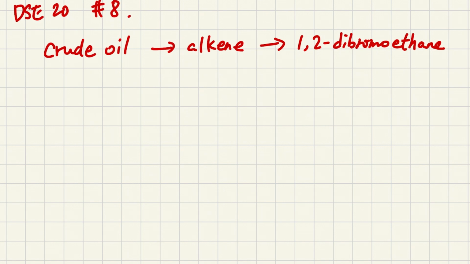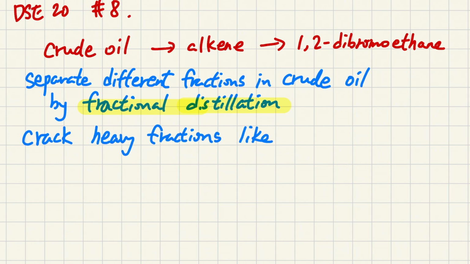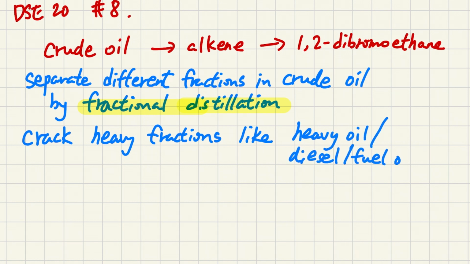Starting from crude oil, different fractions will be separated by fractional distillation, and those heavy fractions like diesel, heavy oil or fuel oil will be further cracked into alkene. So you can see the keywords. The first one is fractional distillation. The next step is to crack the heavy fractions like heavy oil to ethene, which is an alkene.